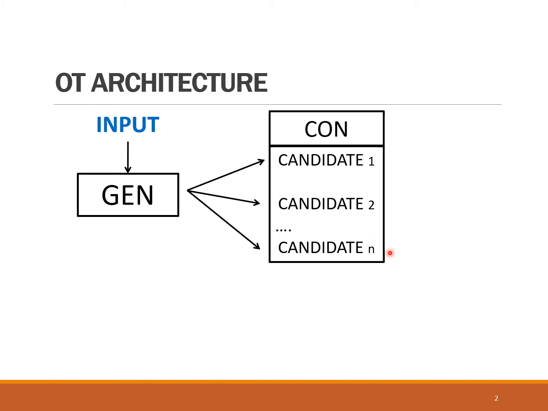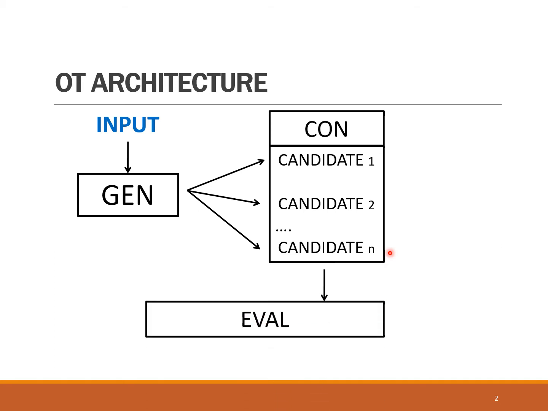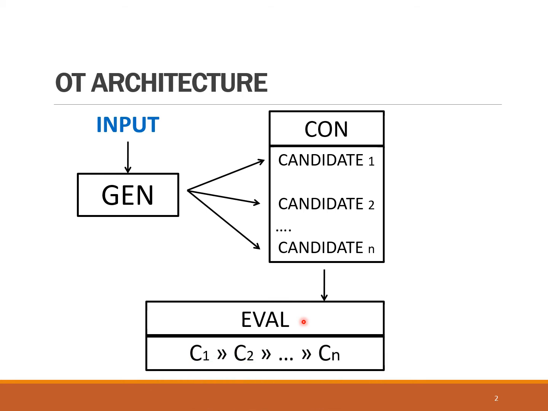Now that we have a set of candidates from the possible input, those are evaluated. Eval stands for evaluator. What the eval component does is that it takes into account those candidates and then evaluates them on the basis of the constraints, and constraints come like this.